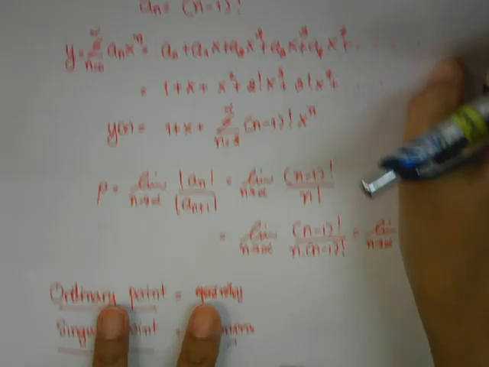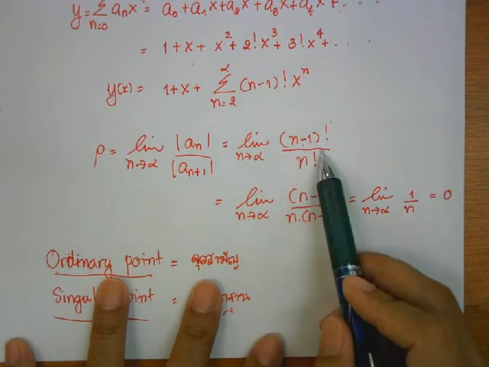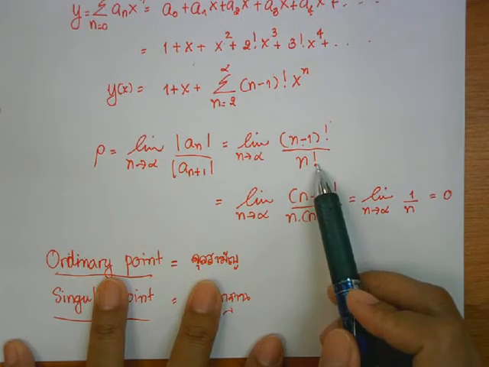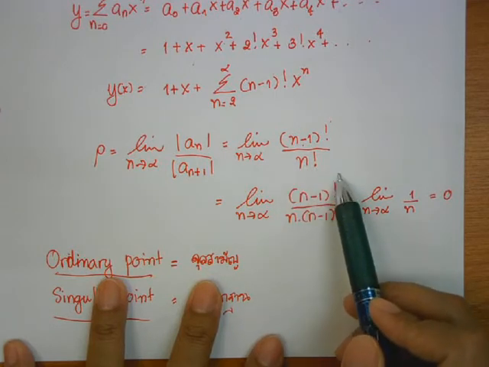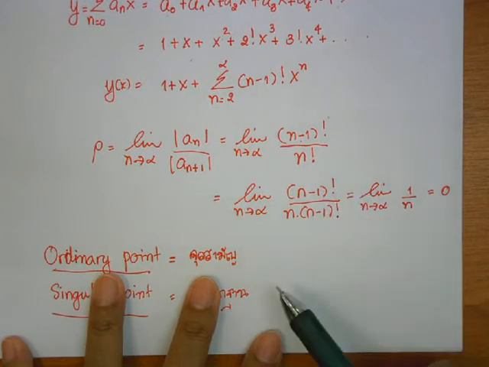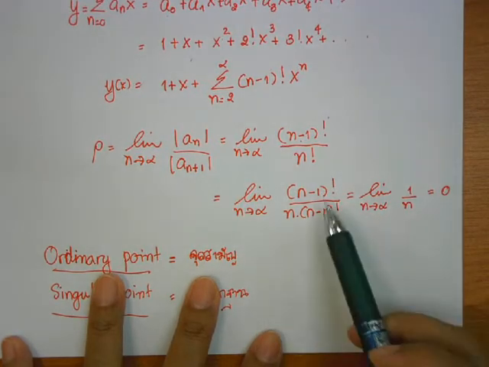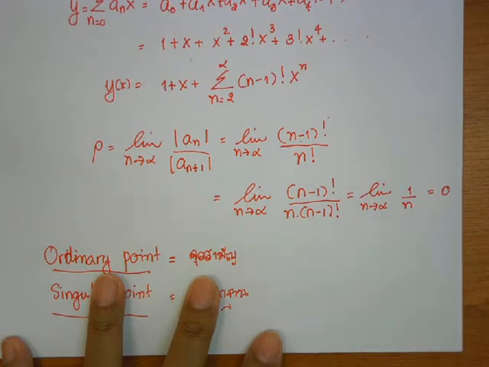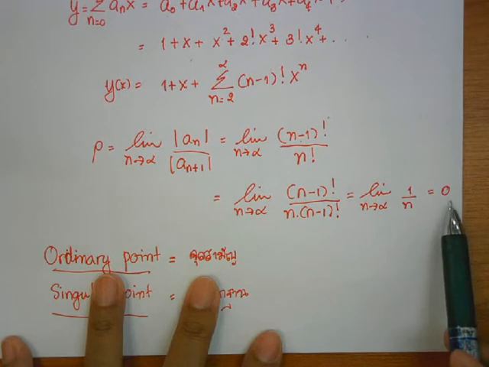So I would get n minus 1 factorial divided by n factorial. n factorial is equal to n times n minus 1 factorial, right? So these two terms cancel out. So I would get 1 over n, and my n is going to infinity. So that means the radius of convergence is equal to 0.